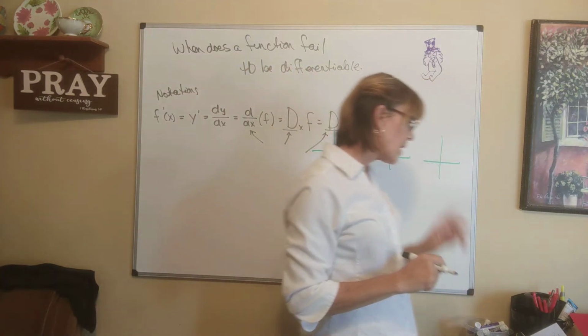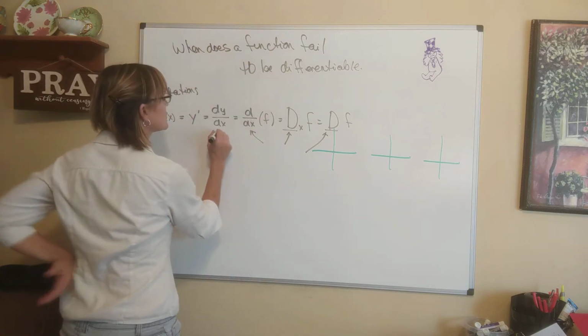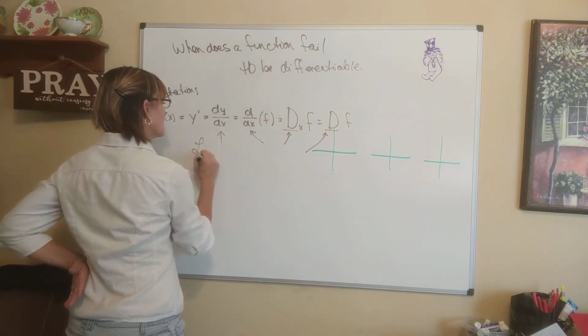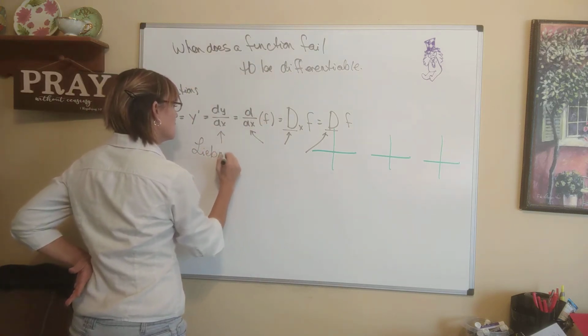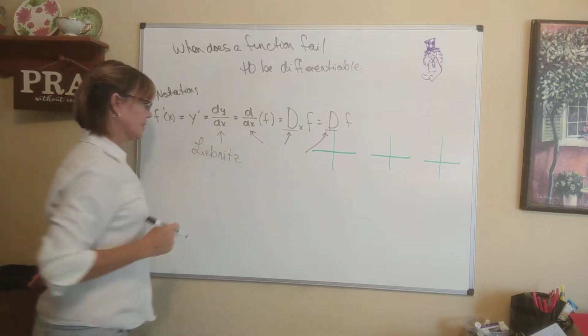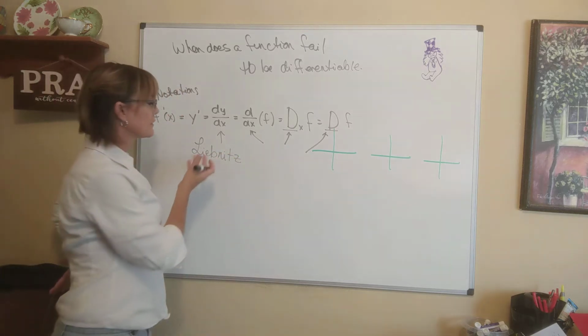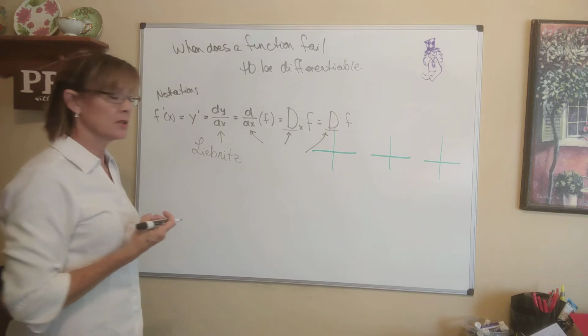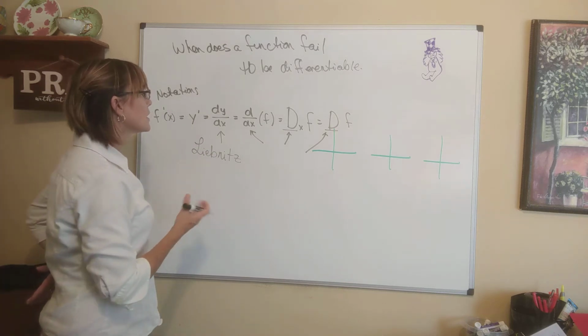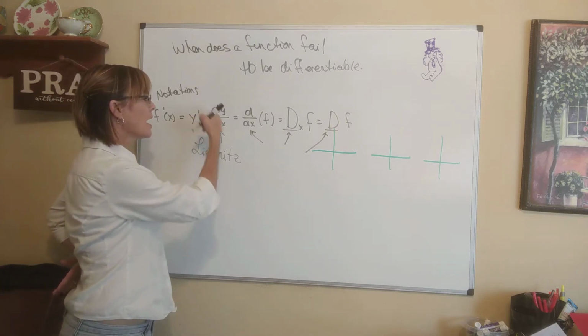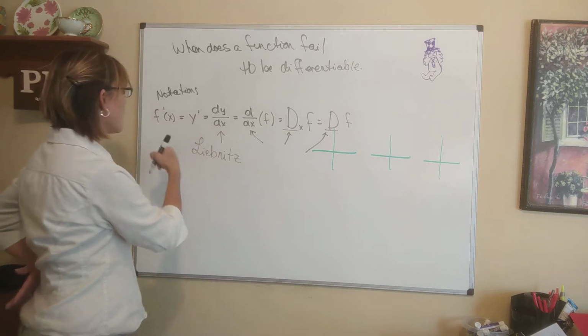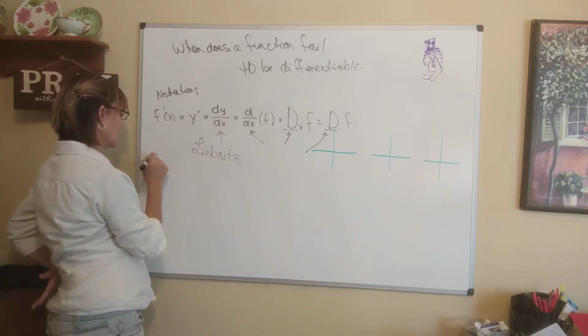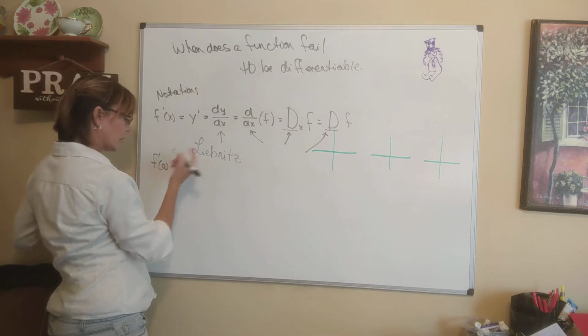Let's see, the dy/dx notation was developed by a person named Leibniz, and sometimes it's just referred to as Leibniz notation. So if you wanted to talk about a specific value, you know how sometimes we'll say f prime of a, where we let a be a number.